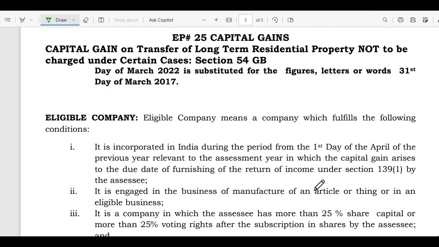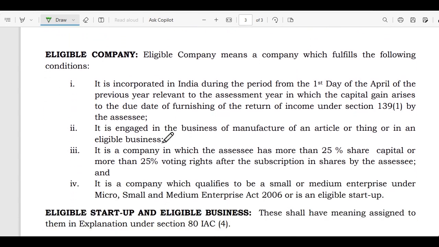Eligible company. Eligible company means a company which fulfills the following conditions. It is incorporated in India during the period from 1st day of April of the previous year relevant to the assessment year in which the capital gains arise to the due date of furnishing of the return of income under section 139 subsection 1 by the assessee.